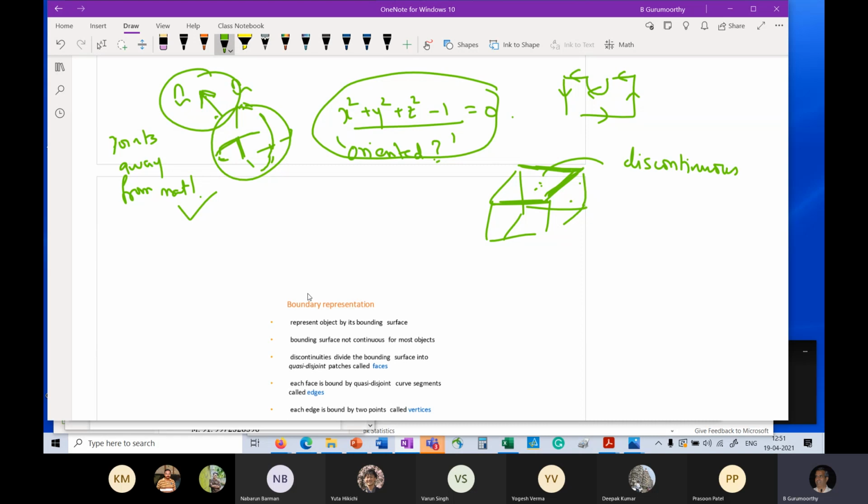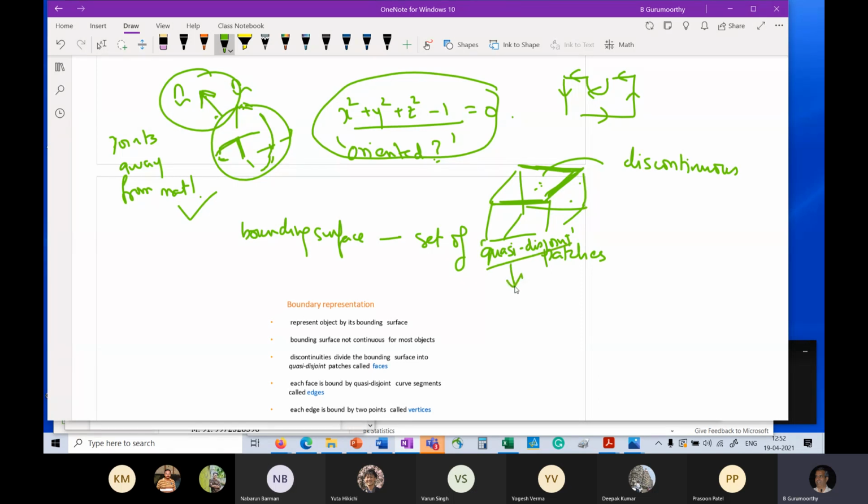So what this is saying is that my bounding surface is no longer one surface or one patch, but rather a set of patches. And we have a qualifier here, we call them quasi-disjoint patches. What do I mean by that?